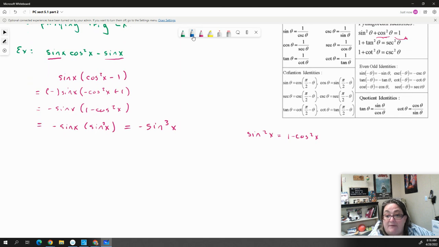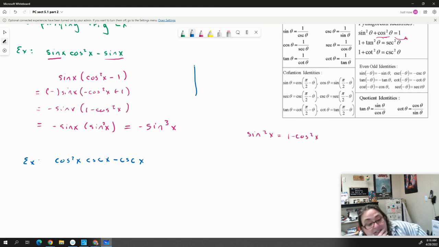If I had, as another example, cosine squared of x times cosecant of x minus cosecant of x, and I asked you to simplify it following the same pattern that we just did, what could I factor out of both sides? What does both sides have in common?